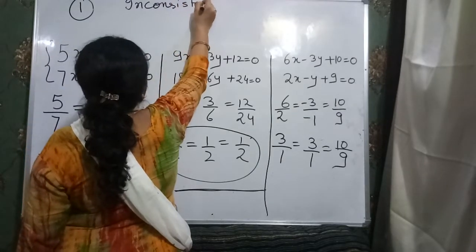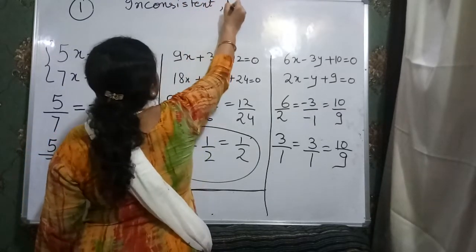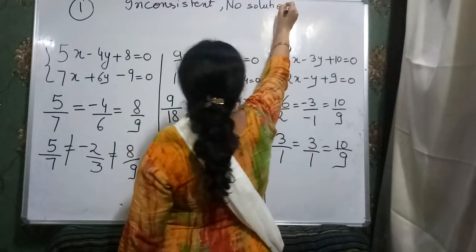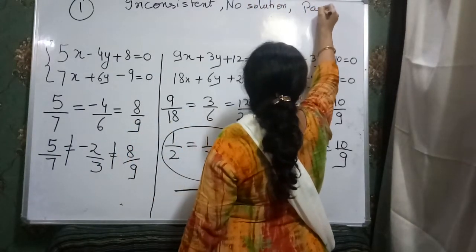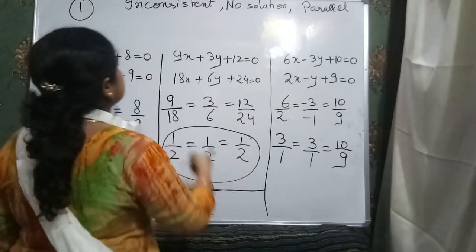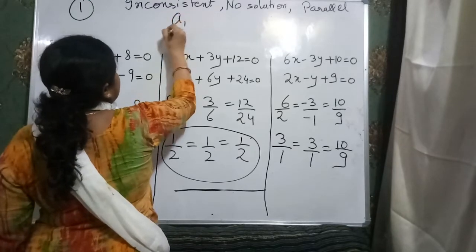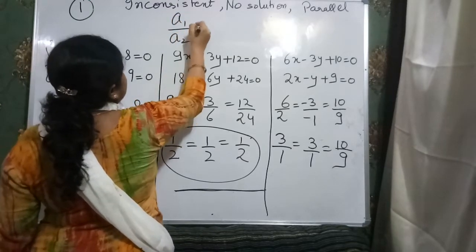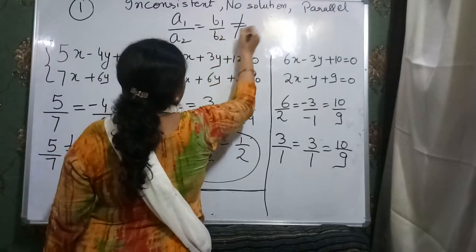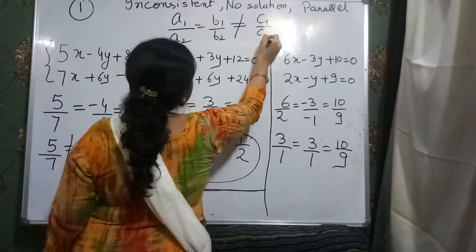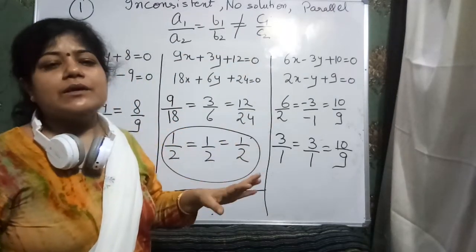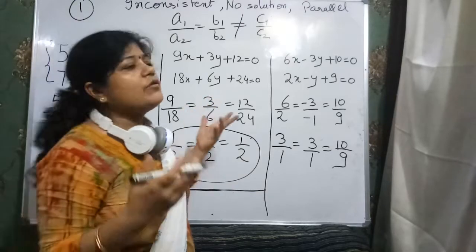Inconsistent, no solution, and parallel lines. All three of these lie in this condition. Here A1 over A2 is equal to B1 over B2, but they are not equal to C1 over C2. That means at one place they are equal, at another place they are not equal. So in this way we get no solution.